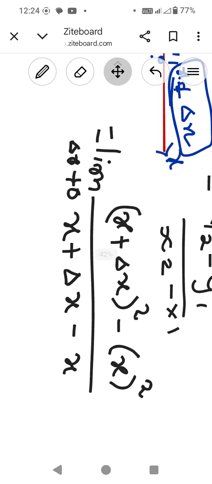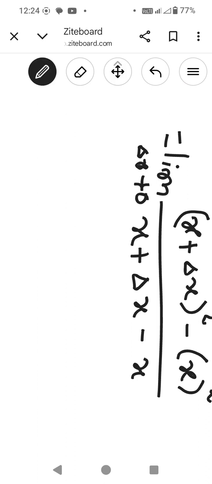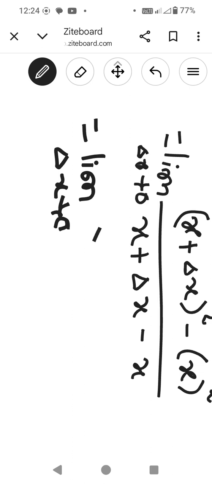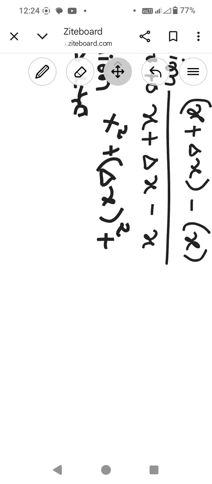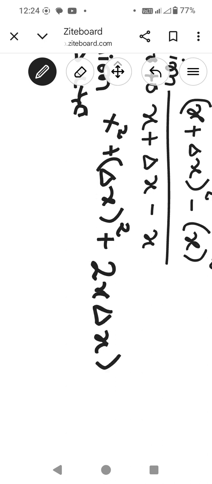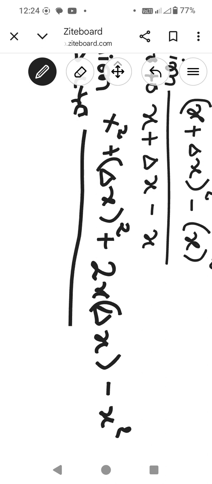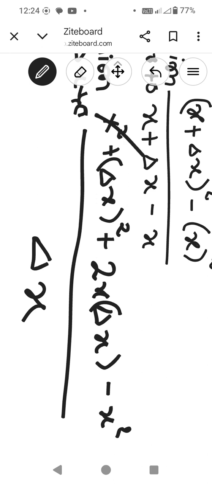We will be deriving this formula, and after that we will continue in the next lecture. So x plus del x whole square minus x square by del x. Okay, this thing is cancelled by this thing.